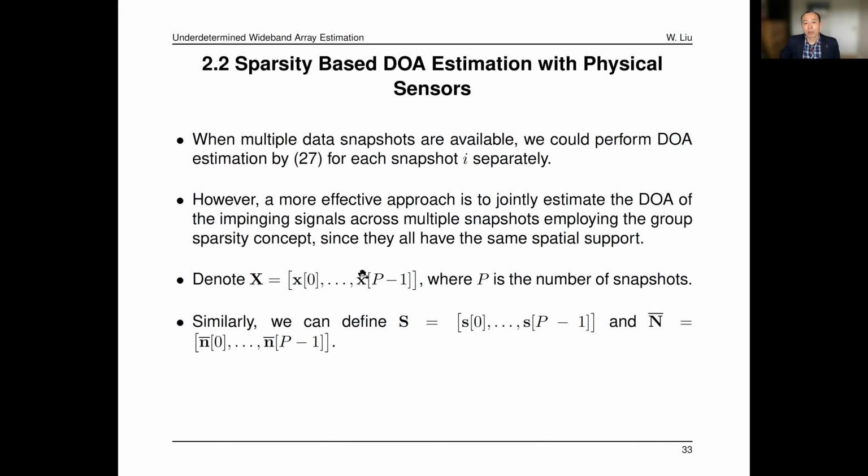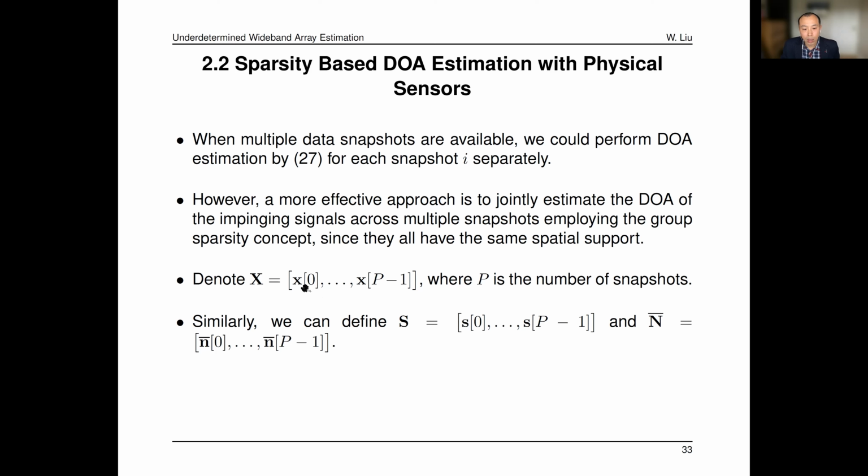And when multiple data snapshots are available, not just a single snapshot, we could perform DOA estimation for each snapshot separately. But a more effective approach is to jointly estimate the DOA of impinging signals across multiple snapshots, employing the group sparsity concept, since they all have the same spatial support. Basically, we calculate the so-called L21 norm.